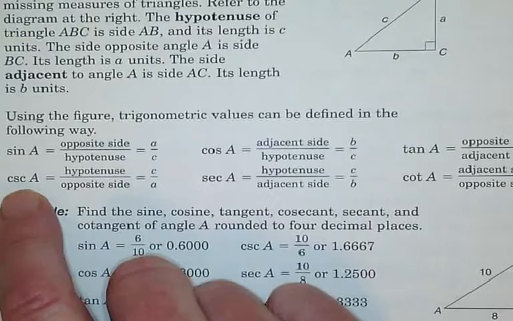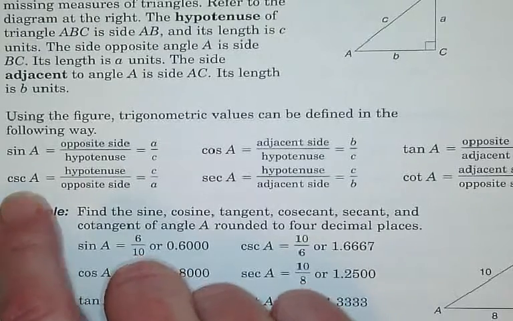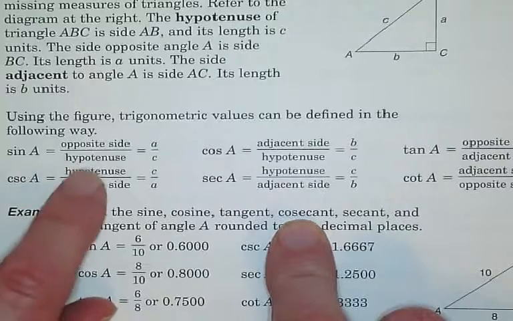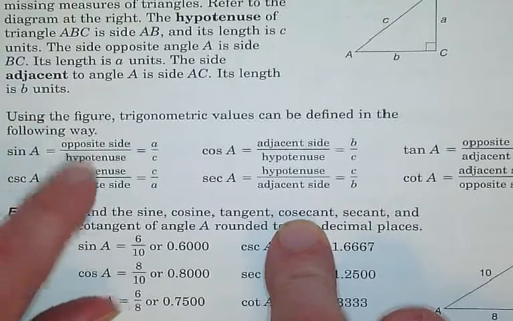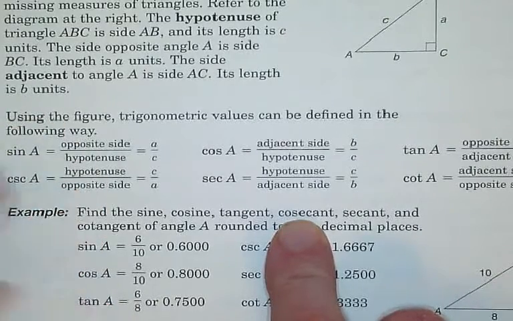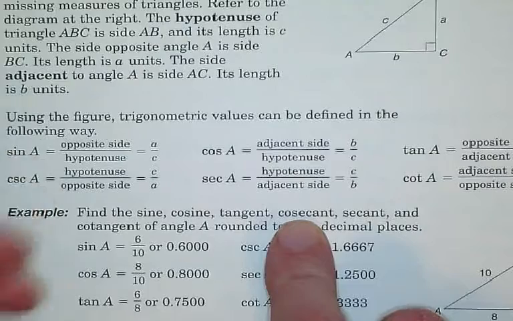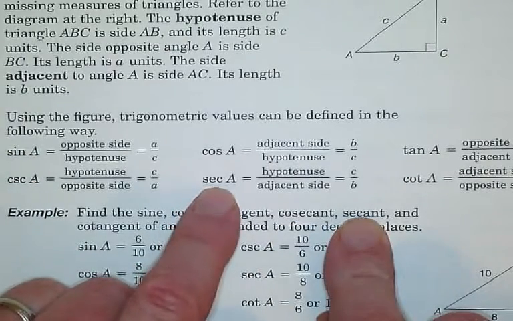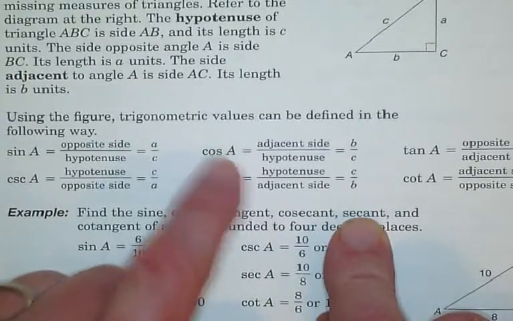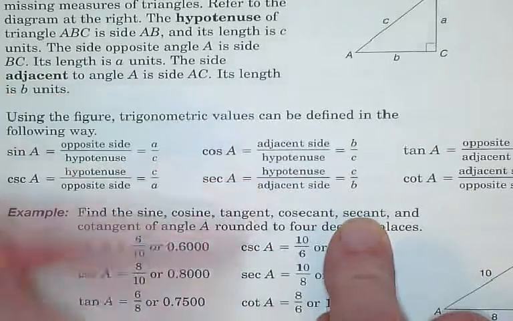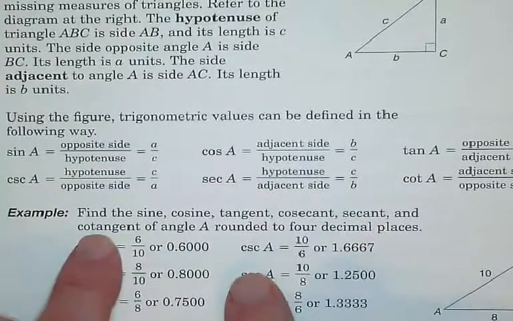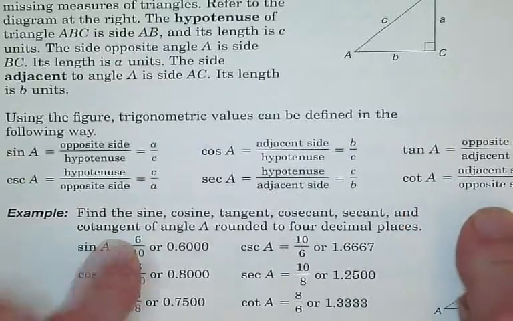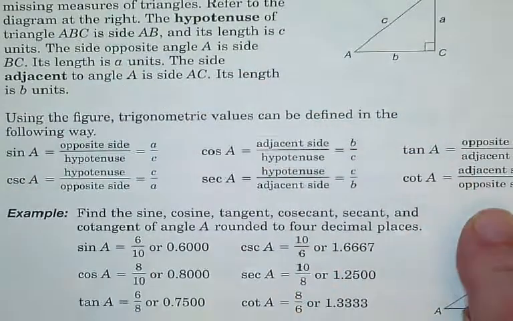This is cosecant, spelled right there. It's the reciprocal of sine, so it's just sine upside down. And then secant, S-E-C, is the reciprocal of cosine, cosine upside down. And then cotangent, C-O-T, is the reciprocal of tangent.